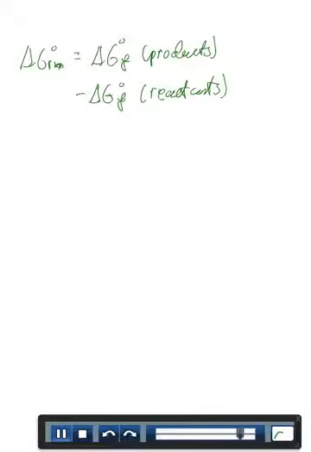So if you get delta G formation of, say, methane from a table, it will have units of kilojoules per mole. So when you calculate delta G of reaction, you have to multiply by the number of moles of each product and each reactant.